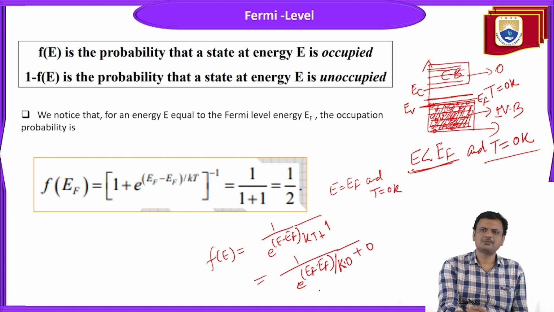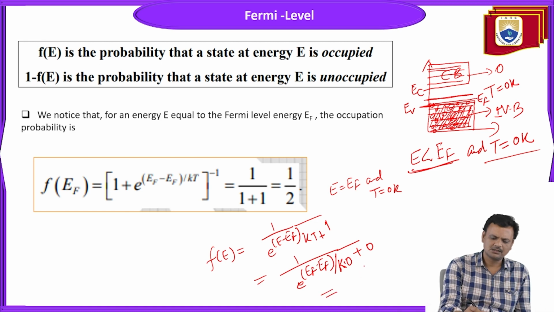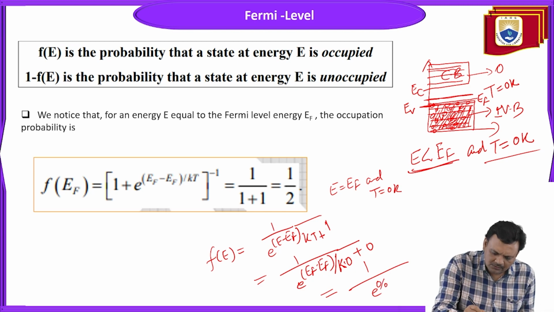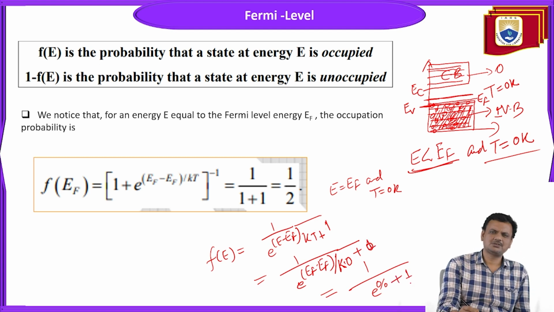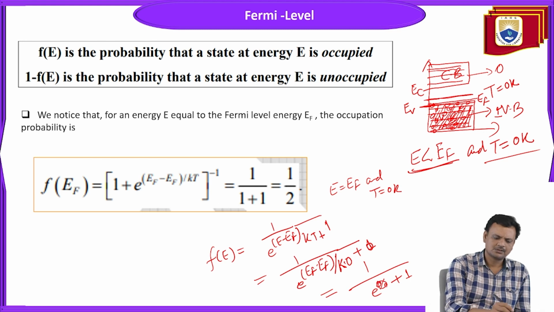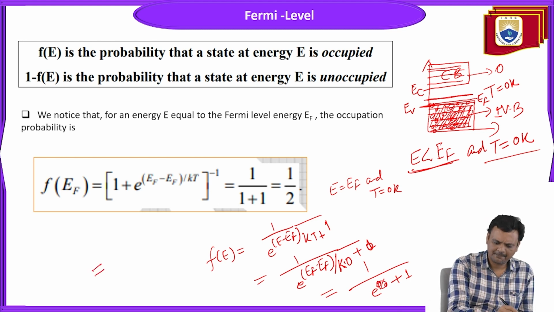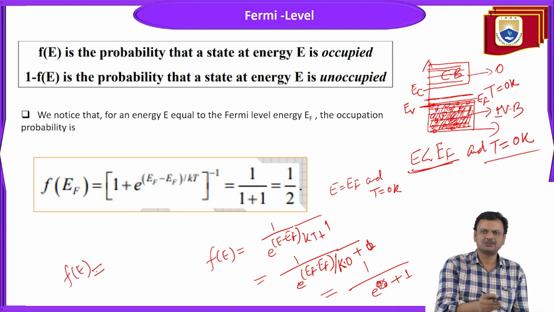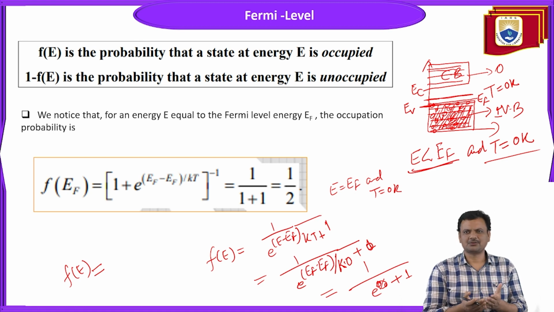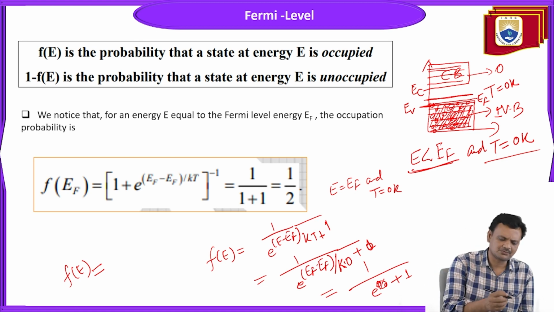So what do you get? e to the power 0 by 0, plus 1. Actually 0 by 0 is a kind of undefined thing, but you can say 0. So e to the power 0 is 1.